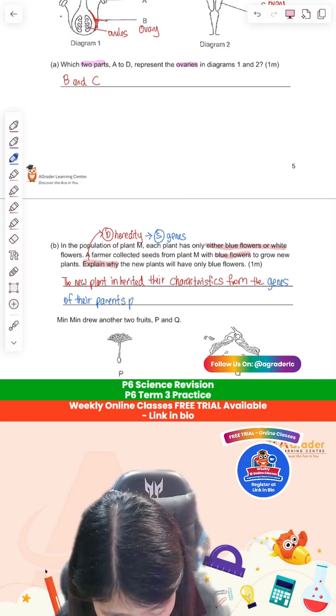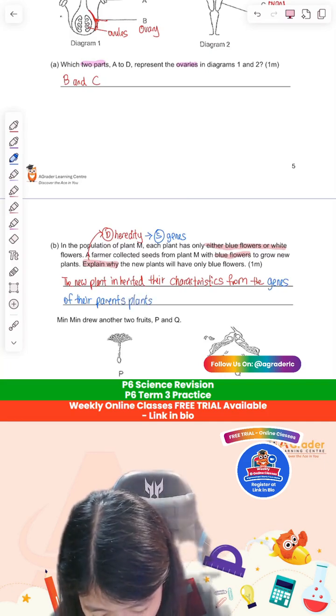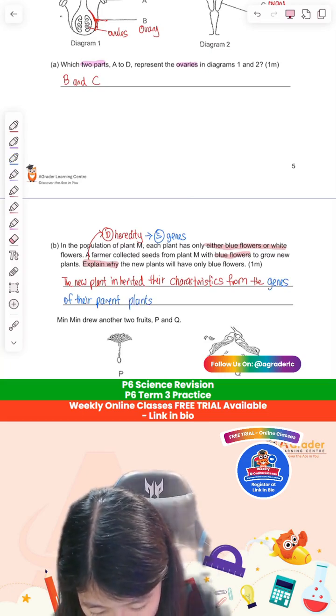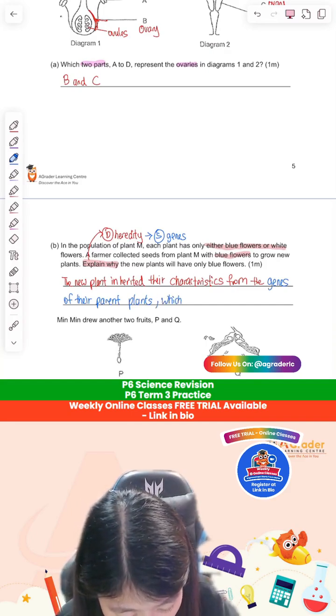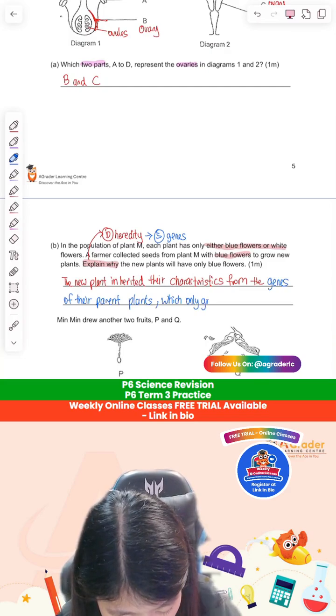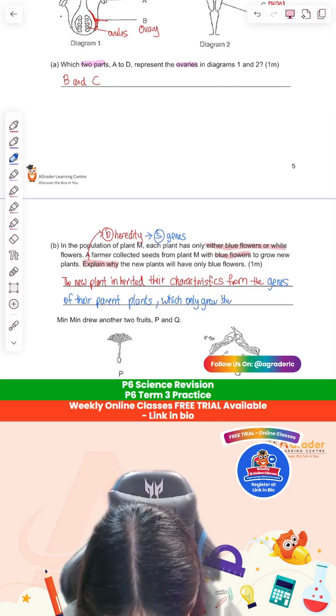Or you can say the parent plants, all right? And, or you can say which only grew blue flowers.